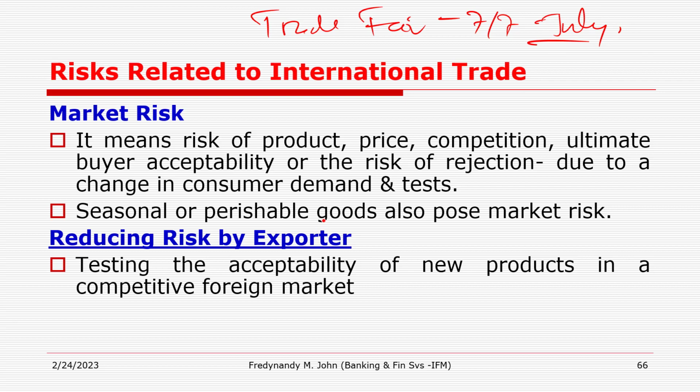Different producers will come to the trade fair to display and provide a detailed description of their products. That means they are marketing. They are marketing in order to see, number one, if their products will be accepted by that particular market, and second, if there is a competition, then what product poses a huge competition and what can be done in order to beat such competition?